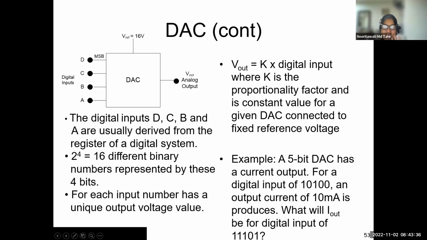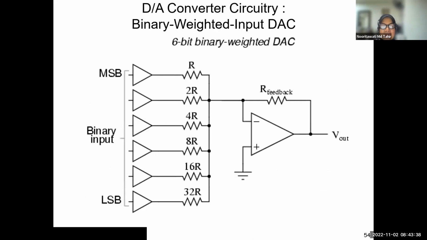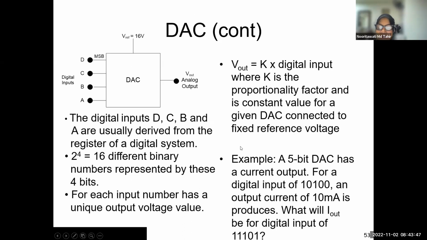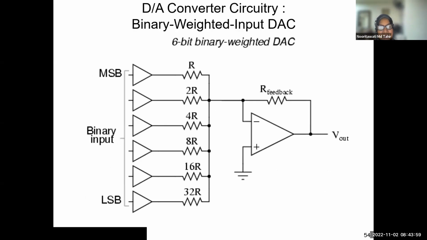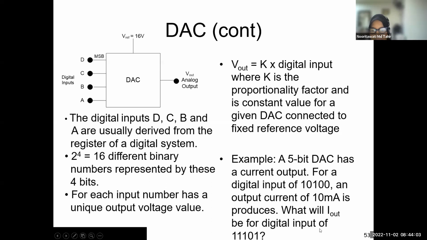I didn't bring my board back today. For 5 bits, you start from 2 to the power of 0, so you will have R, 2R, 4R, 8R and 16R, until 16R for this 5 bit.